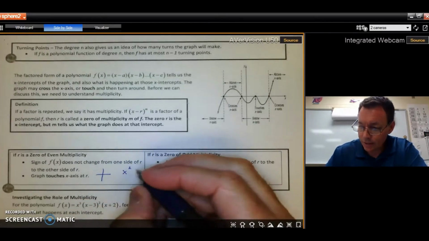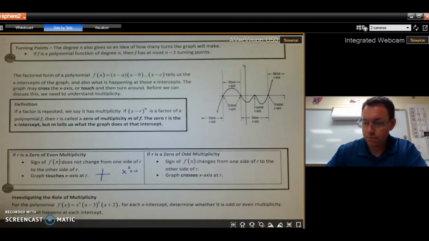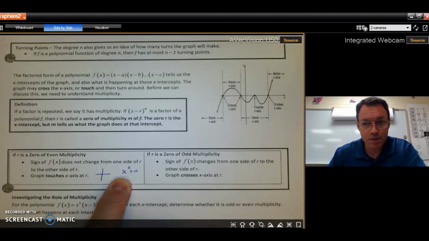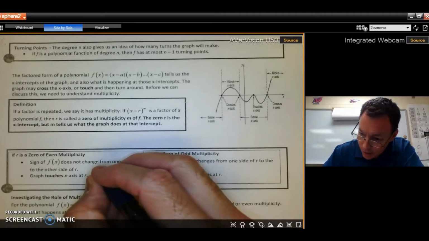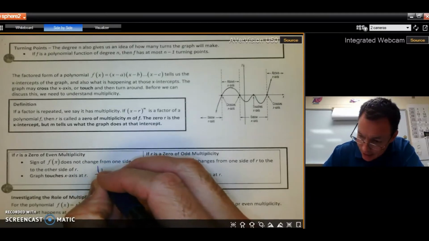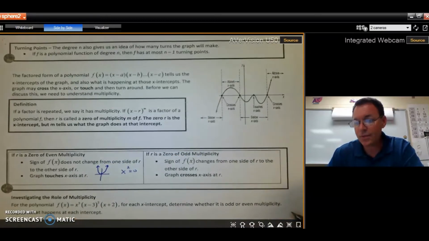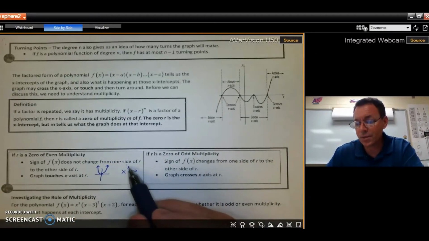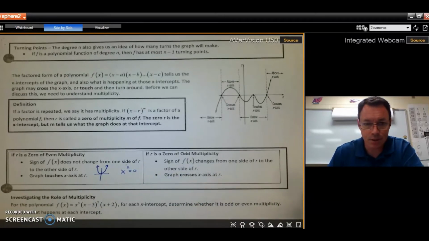If you have x squared equals 0, the only thing that'll make this 0 is 0, but it appears twice. You have 2 zeros, actually. Your graph comes down, hits the x-axis, but then turns around and goes back the way it came. That's an example of a zero with even multiplicity touching the x-axis and not passing through.